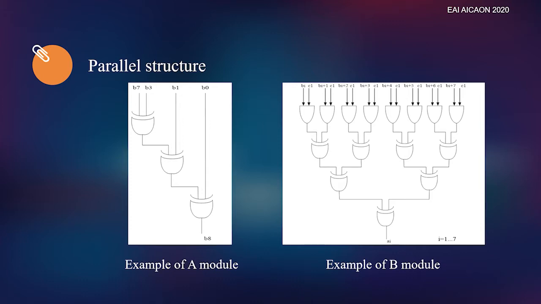Taking B8 as an example, the circuit structure for calculating the bit module A is shown in the left figure. In the right figure, all B methods have the same circuit structure. We can see the right picture.